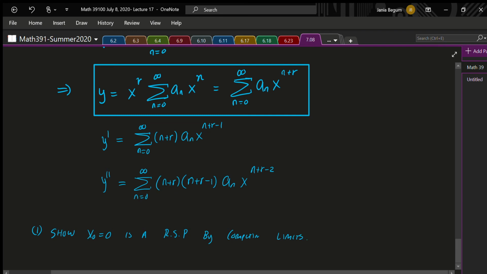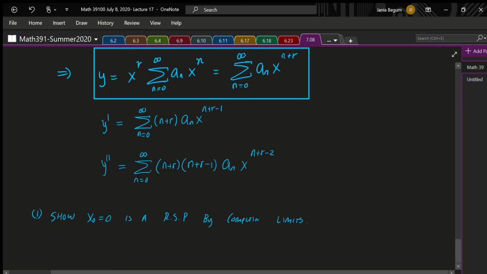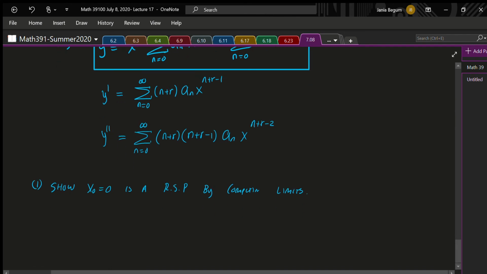And then once you have shown that, we're going to connect this with the Euler equation, okay? So once you compute the limit, you get those two corresponding coefficients. I'm going to rewrite them. We had beta, which corresponded to the coefficient of y prime times x. So this was the limit as x approaches 0 of x times q of x over p of x.